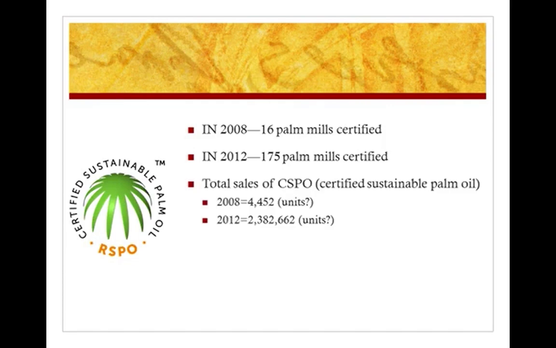If we look at total sales of certified sustainable palm oil in 2008, and I don't know what units these are, maybe it's tons, but the data wasn't very clear. But whatever unit this is, it was 4,452 tons, and it was up to 2.3-ish million by 2012. So we're seeing huge increases in just a short period of time.